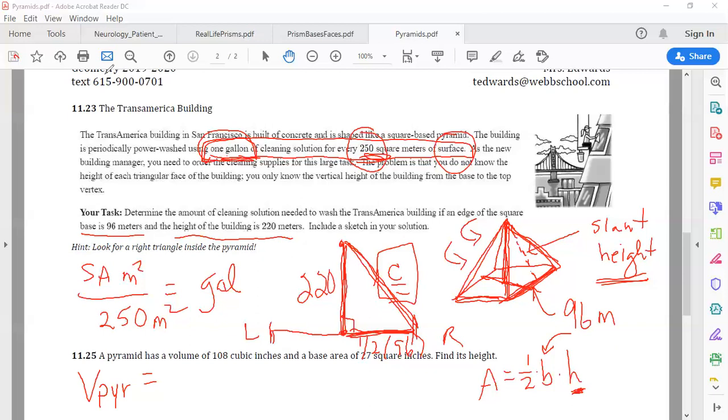Of a pyramid, it's 1/3 times the base area times the height. And in this problem, you have the volume, you have the base area, and they're asking you for the height. So plug those numbers in, do the math, you'll get it.